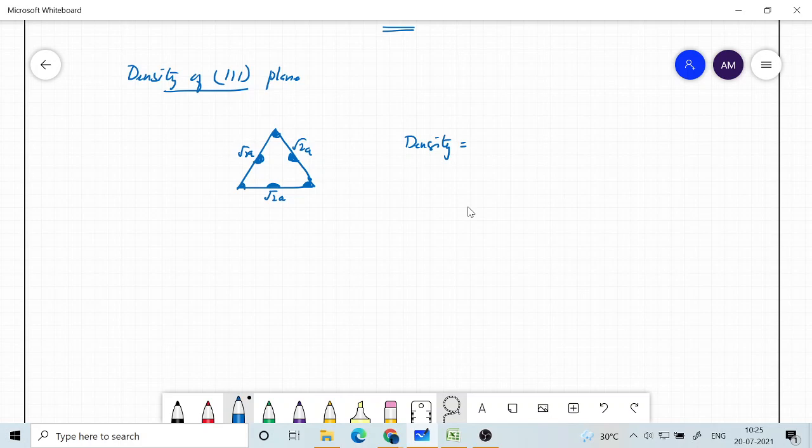T is equal to, so what is the area? Area of this triangle is what? So it is half into base, which is root 2a, into height. What is the height? So this height is basically square root of diagonal, which is root 2a square minus root 2a by 2 the whole square.